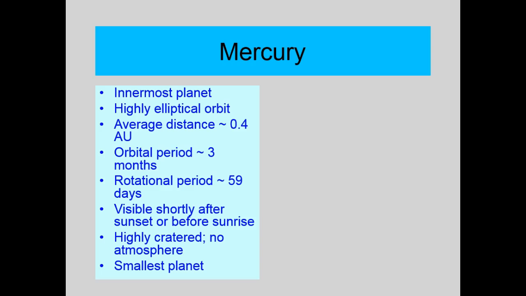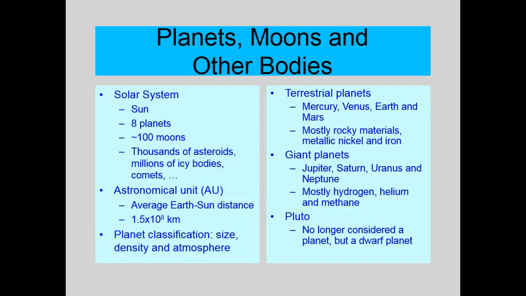To me, the most interesting of these, and they said it here on the last slide. Oh, yeah. Let me go back here. And they're saying classification by density. Okay? By density, if you look at the inner 4 planets, 5.43, 5.25, 5.52, and 3.95.